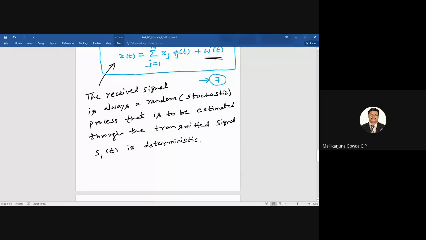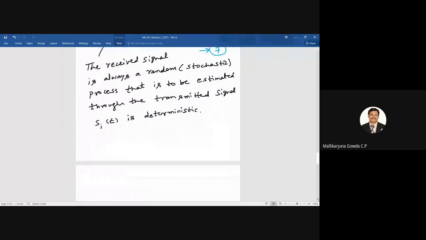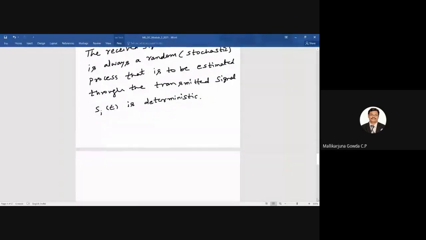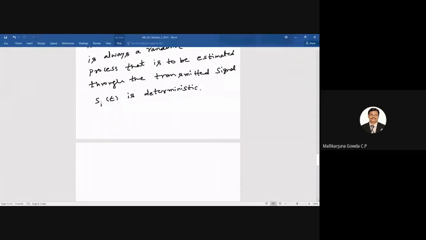Because of this channel noise, x of t will be random or stochastic. Since x of t is a random process, we need to find the statistical characterization of the correlator outputs. So that will be the next topic.